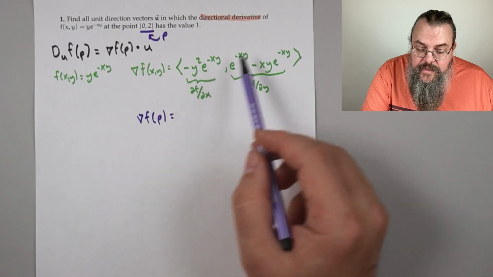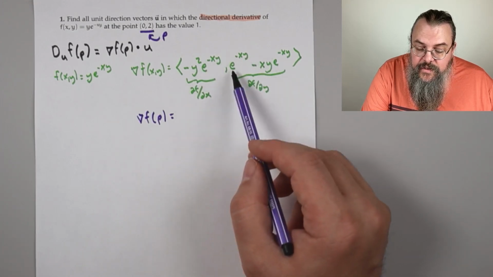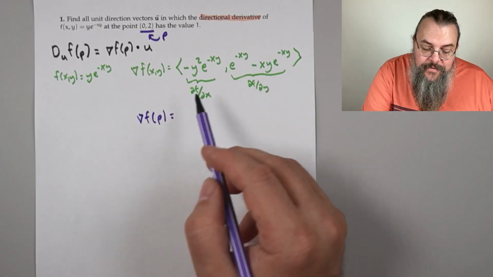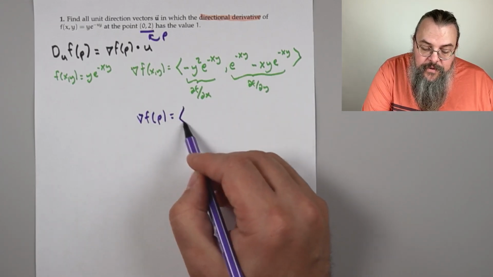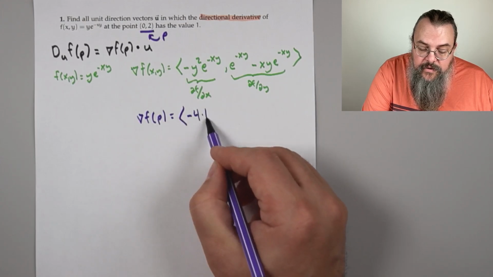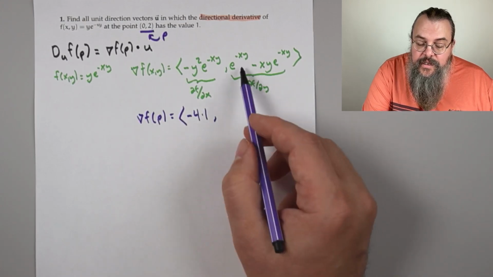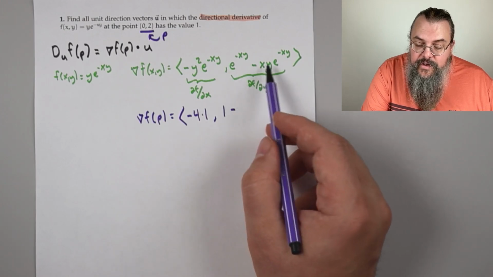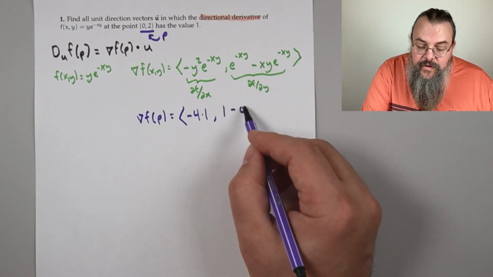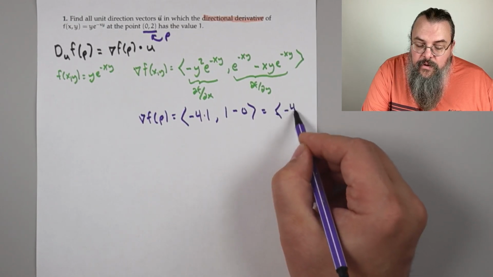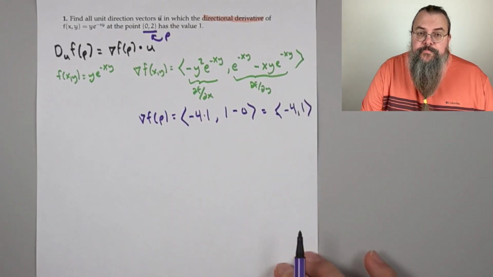So you're going to get e to the 0, which is 1, e to the 0, which is 1, and 0 is 0. So what's going to be left? Well, we have the minus y squared, so that's minus 4 times e to the 0, which is 1, comma, e to the 0, which is 1, subtract 0 times 2 times e to the 0, which is 0. Or if you like, that's (-4, 1).